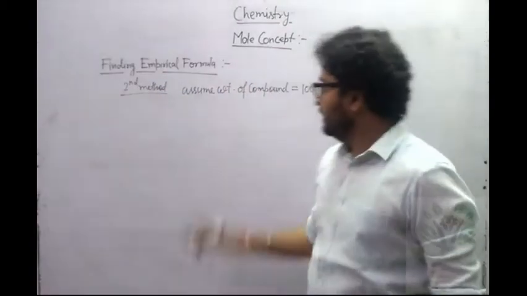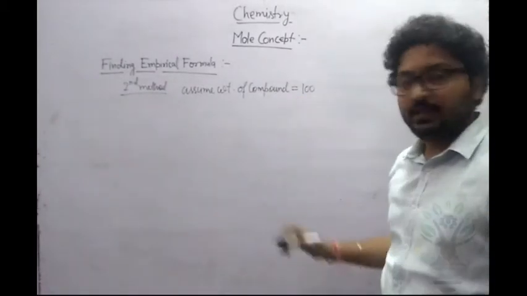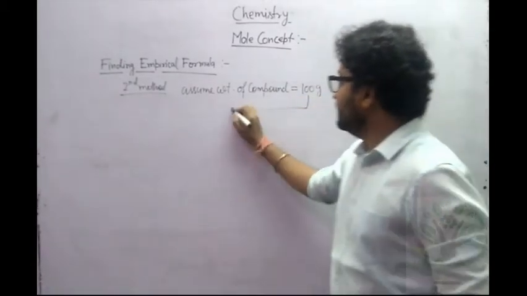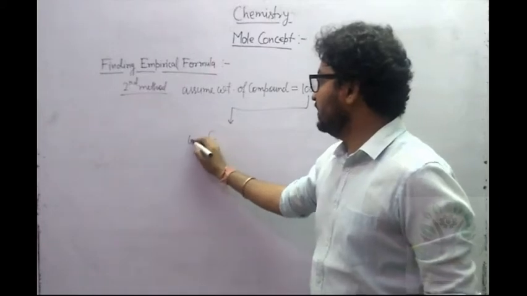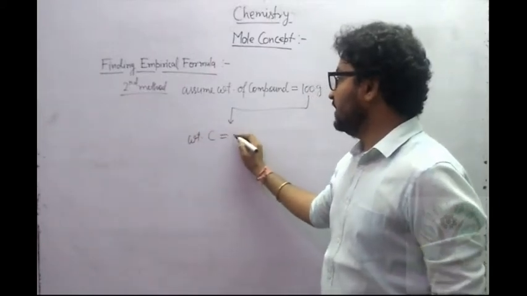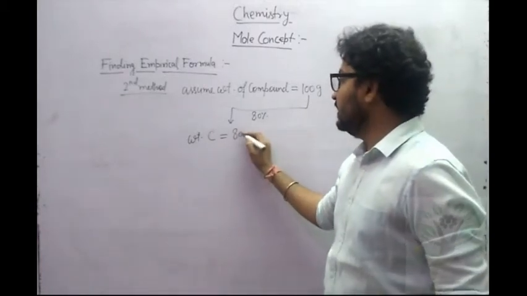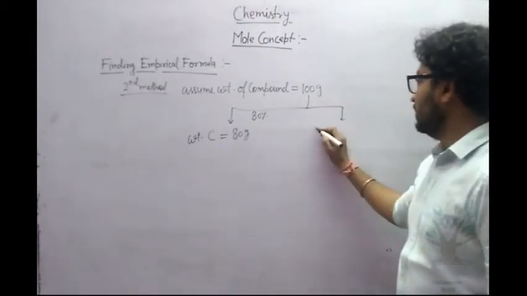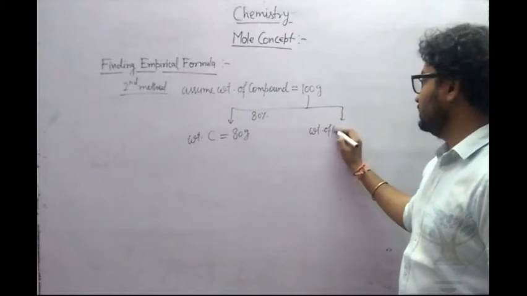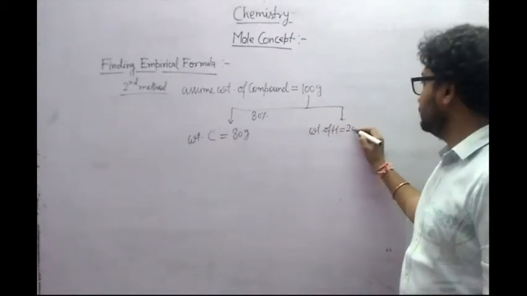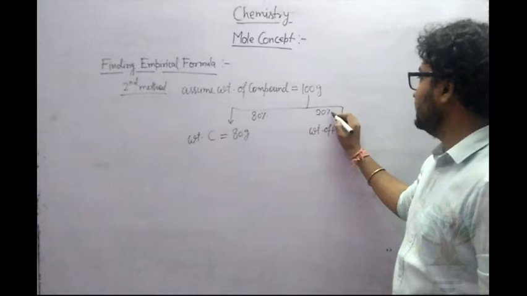Assume the compound weight is 100. So tell me, how much carbon will be there? Weight of carbon. You know 80% is carbon. So the weight of carbon will be 80 gram. Weight of hydrogen will be 20 gram, as you have 20% hydrogen.